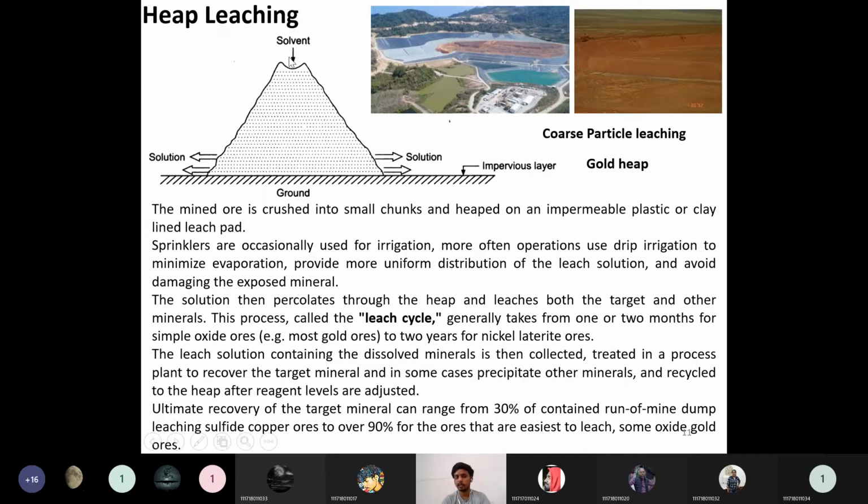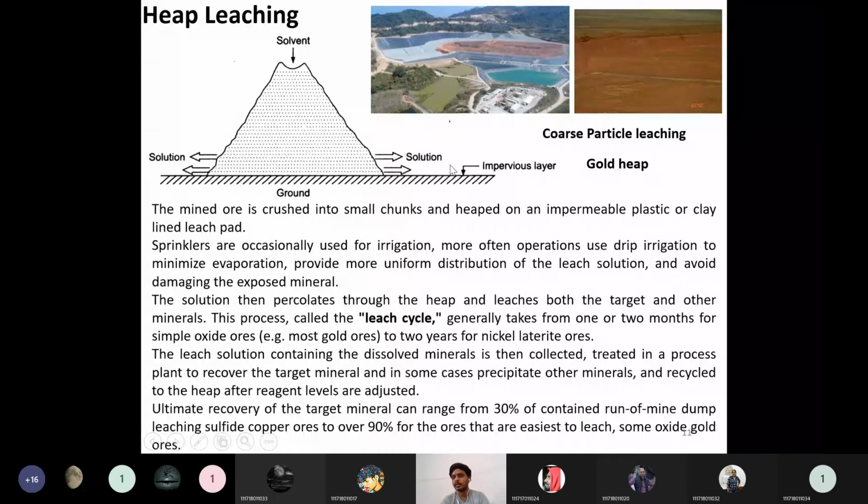Using a sprayer or some drip irrigation method, on the top side of these heaps, the solvent will be sprayed down. The solvent will flow throughout these heaps, and after flowing down, the solution will be collected on this impervious layer from all 360 degrees.